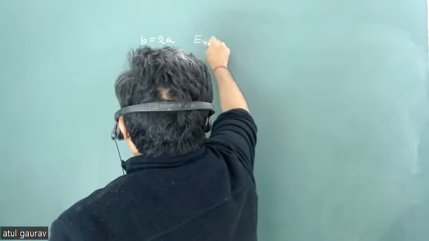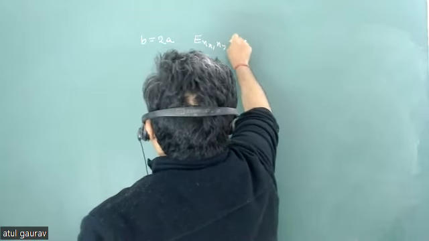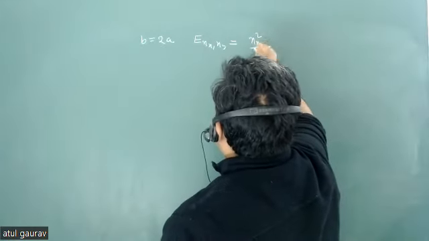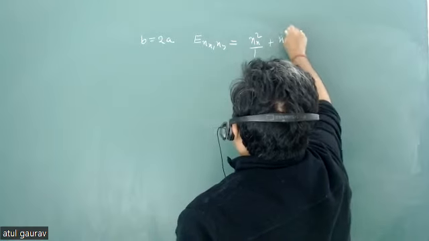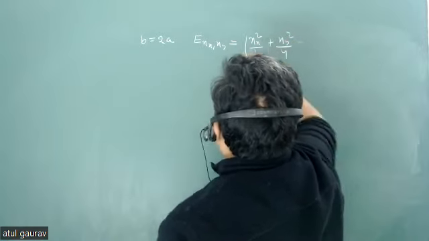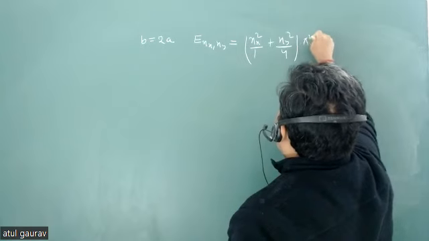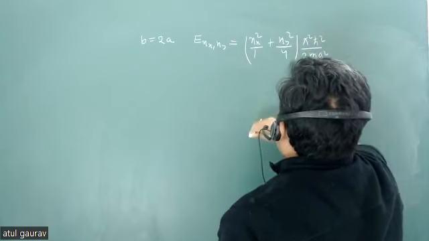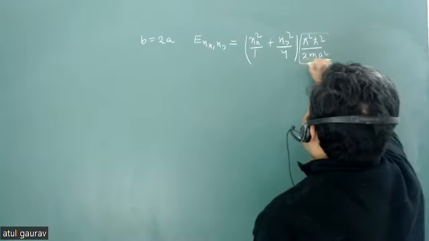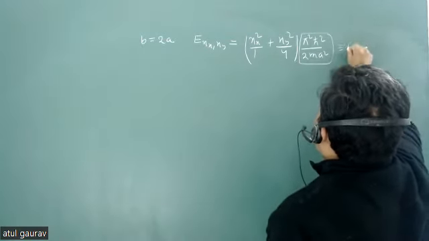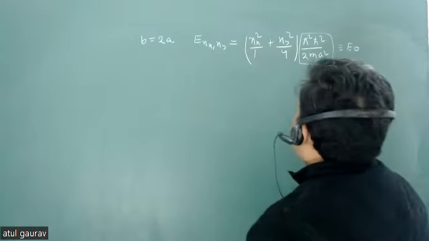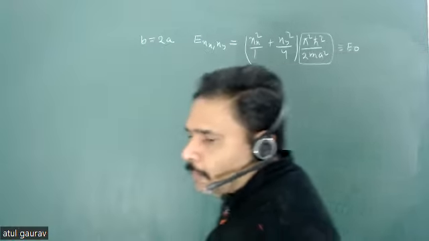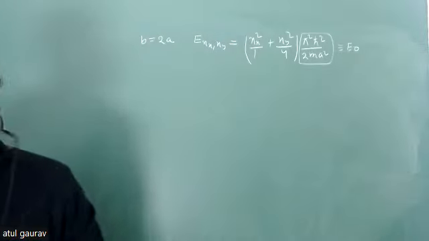I can write E nx ny is equal to nx square by 1 plus ny square by 4, and that is pi square h cut square upon 2 m a square, and I can write this whole term as something like E naught.